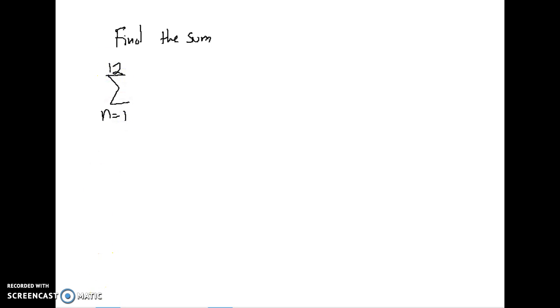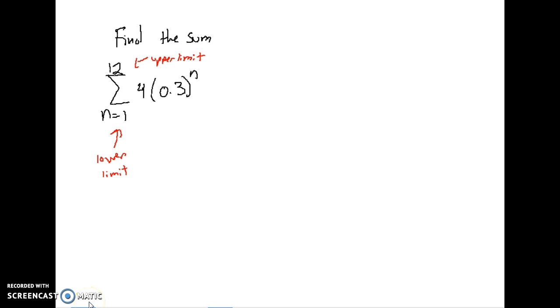So I just want to recall, this is what's known as a lower limit. That's where our sequence is going to start. Up here is our upper limit. Okay, and here is our expression. So we're going to say 4 times 0.3 to the power of n.